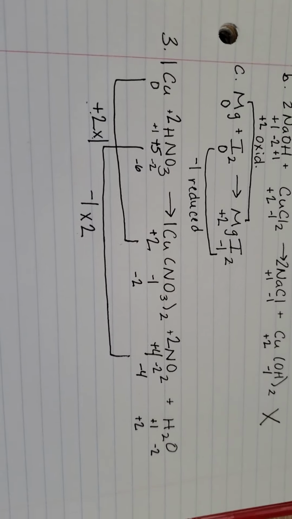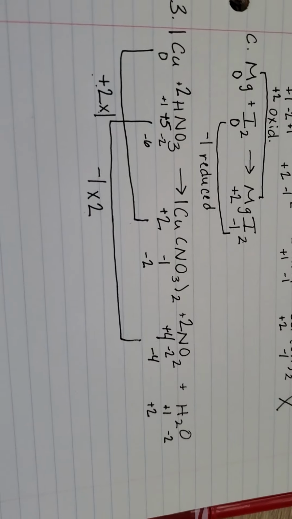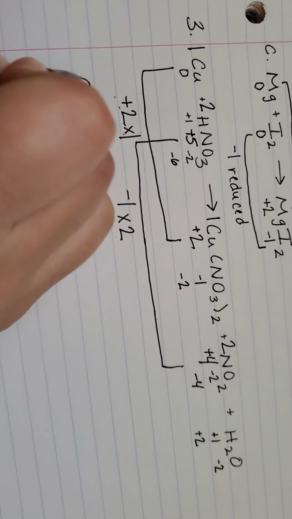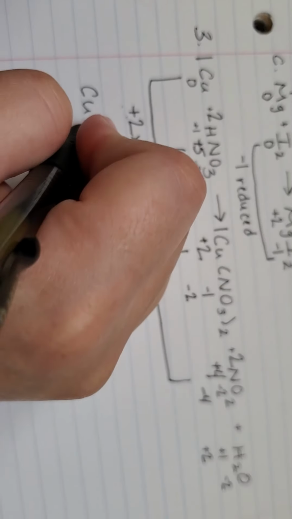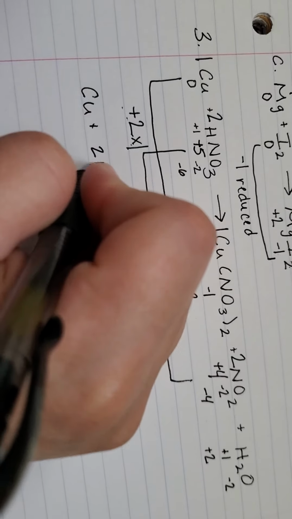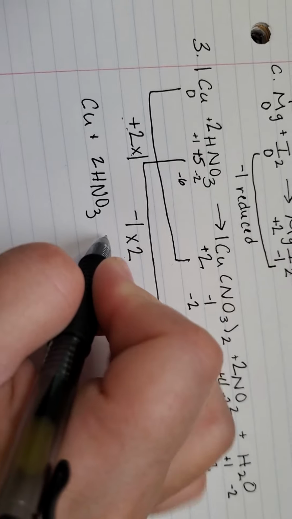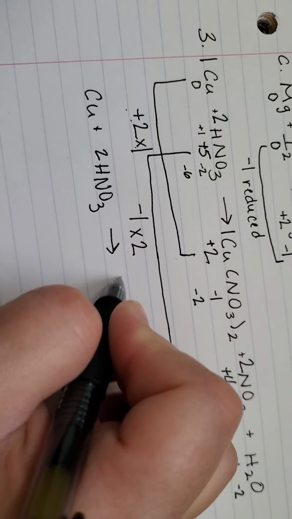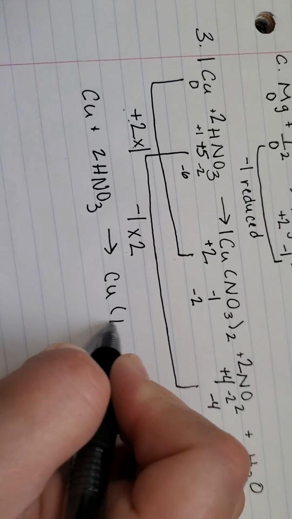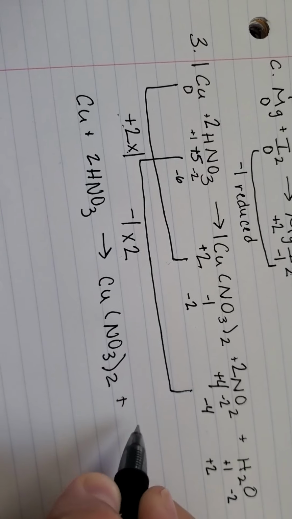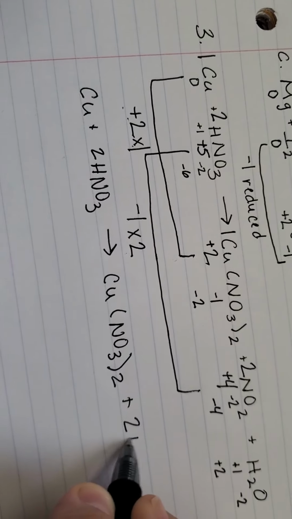All right, so I'm going to rewrite it so it doesn't have all of these like brackets and lines everywhere. So we have Cu plus 2HNO3 yields Cu(NO3)2 plus 2NO2.